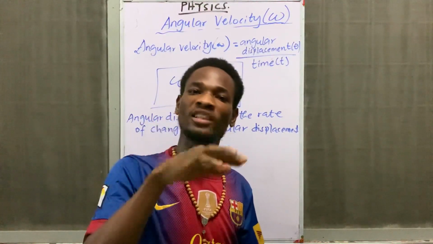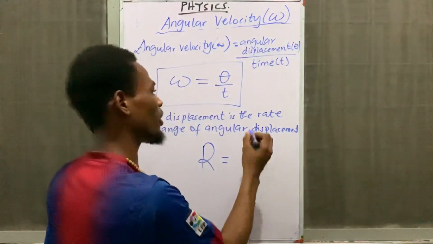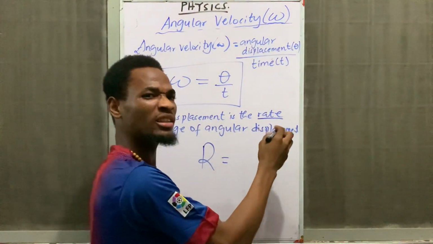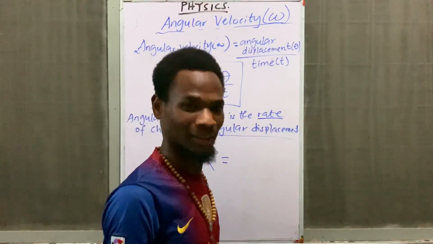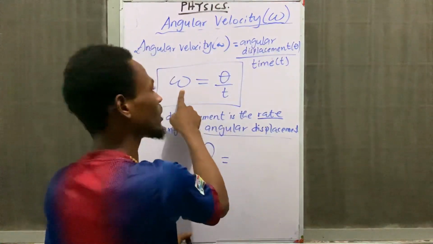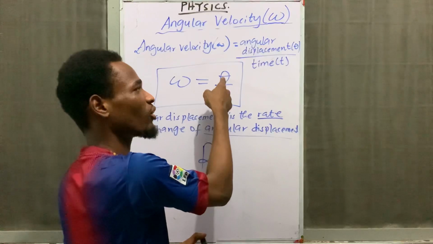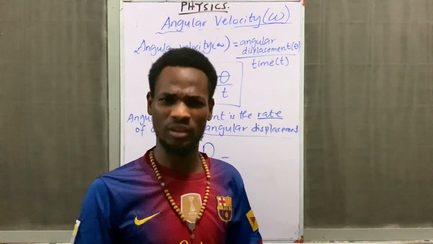When you have any quantity and you divide it by time, that is simply rate for you. So if I'm bringing rate here, it means I have in mind that the angular displacement is being divided by time. Please, are you okay? Or someone can also define it this way: angular velocity is the time rate of change of angular displacement, and it is also correct. Are you okay?